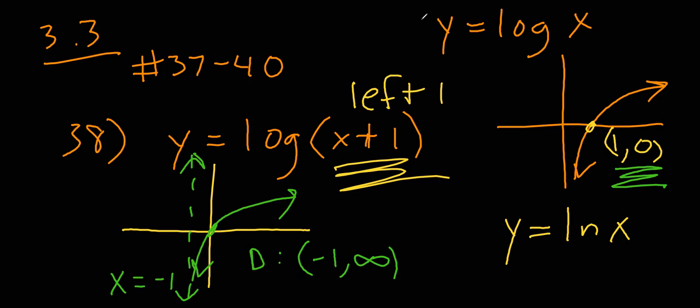If you know what a basic logarithm graph looks like, then you can start applying the transformations and think, oh, we're moving this left. Oh, we're moving it right. Oh, we're reflecting it across the x-axis.